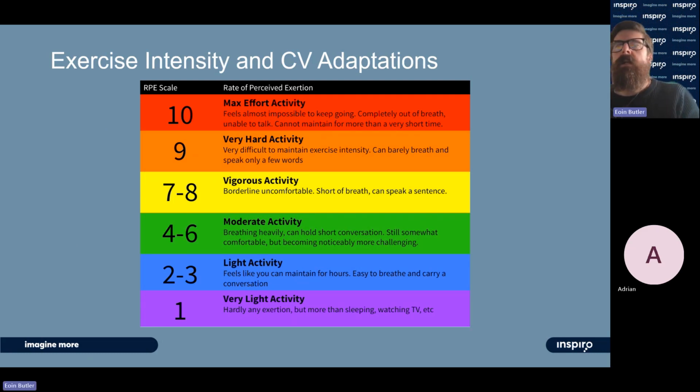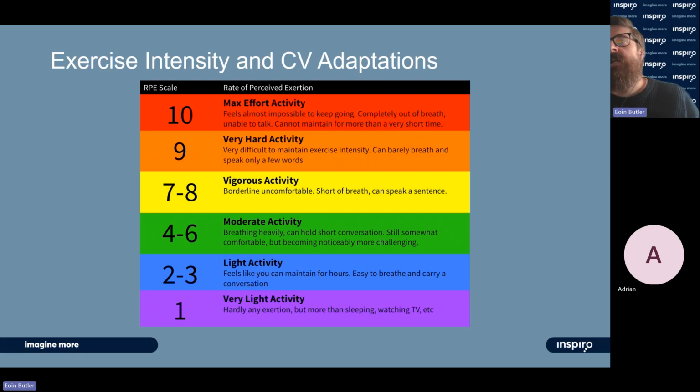So this is the RPE scale starting at level 1. So as you are now, sitting on your laptop, hardly any exertion, but more than sleeping, watching TV, etc. Light activity, so level 2 to 3, feels like you can maintain it for hours. It's easy to breathe and carry out a full conversation. Level 4 to 6 is moderate activity, breathing heavily, can hold short conversations, still somewhat comfortable, but becoming noticeably more challenging.